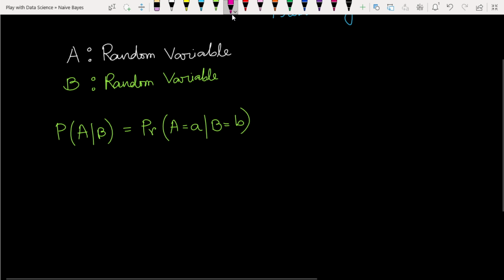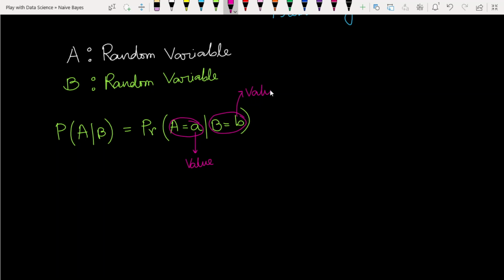If a is a random variable, then small a is a particular value of this random variable A. Similarly, for random variable B, small b is one particular value of random variable B.